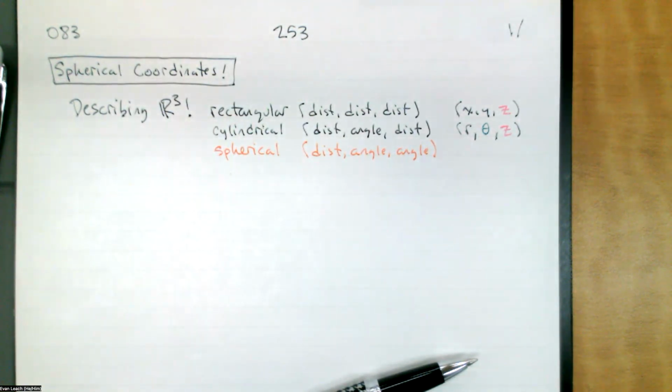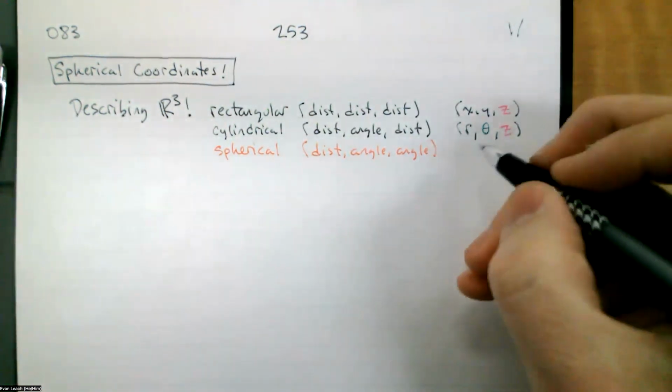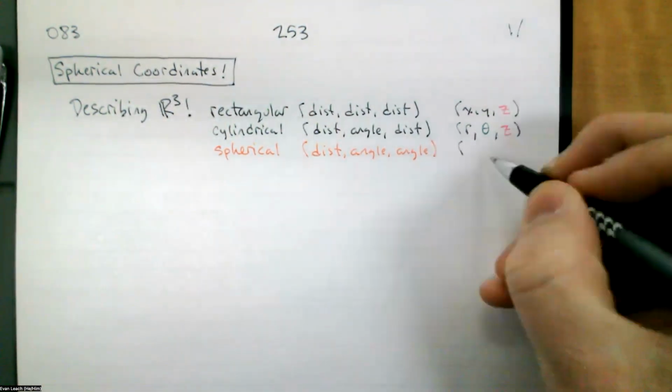Cylindrical and spherical coordinates are going to have theta in common, but then we're going to have a new angle.